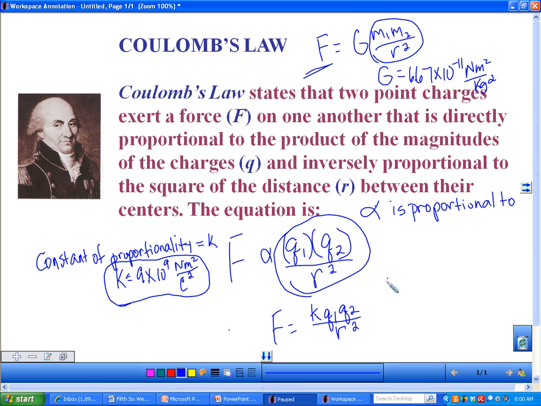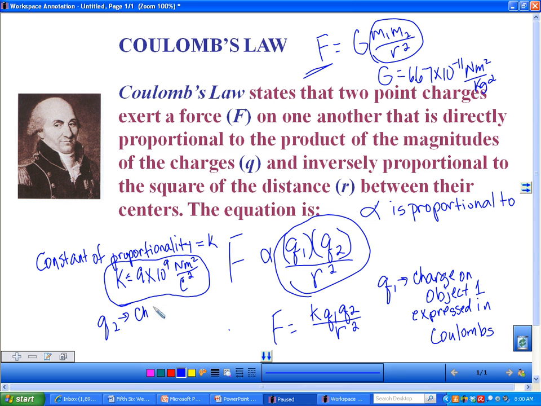So I know what K is. Q1 is the charge on object 1 in coulombs. Q2 is the charge on object 2, expressed in coulombs.